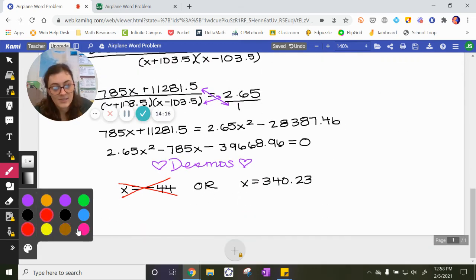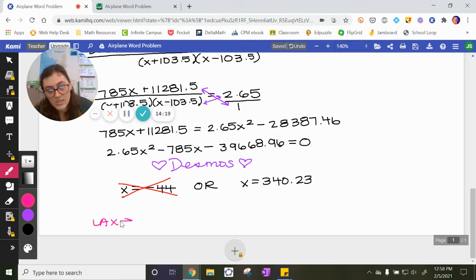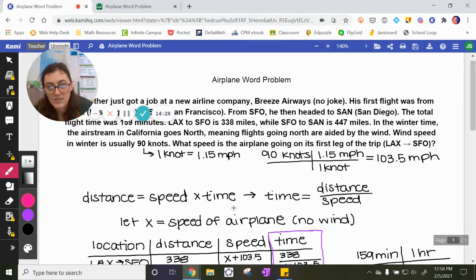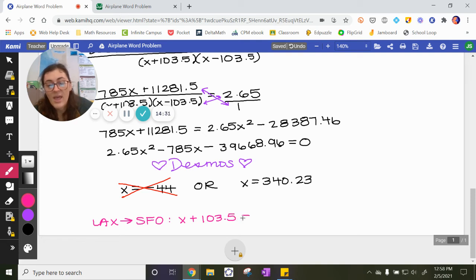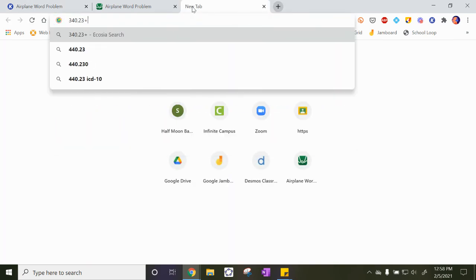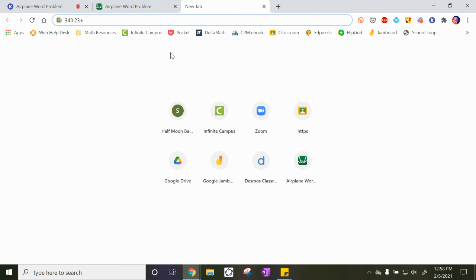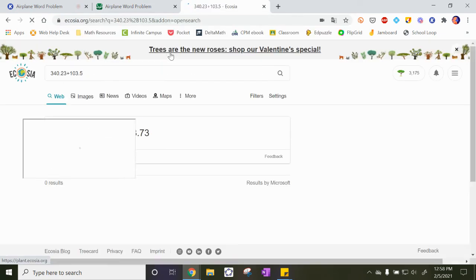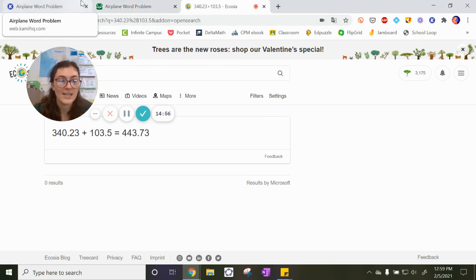So LAX to SFO was x plus 103.5. And so we're just going to substitute in our x. 340.23 plus 103.5 is going to give us, let's calculate it, 340.23 plus 103.5 gives you 443.73.